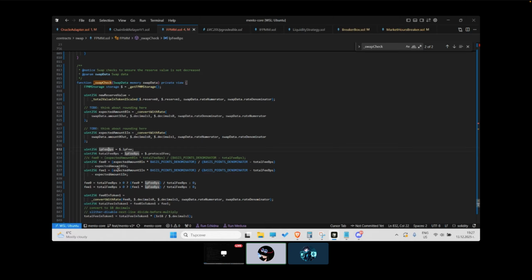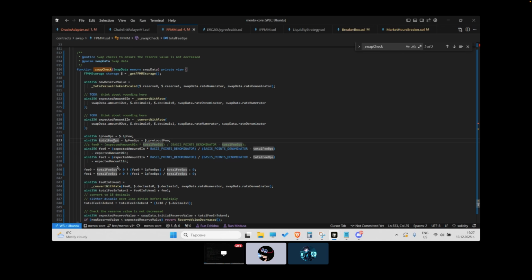Why would they charge the LP fee? Shouldn't it be charged on minting and burning? I don't know. It's on line 851. You can see there at the bottom.